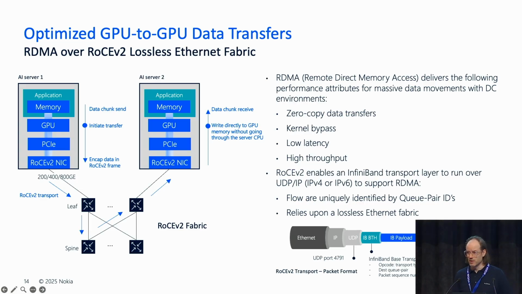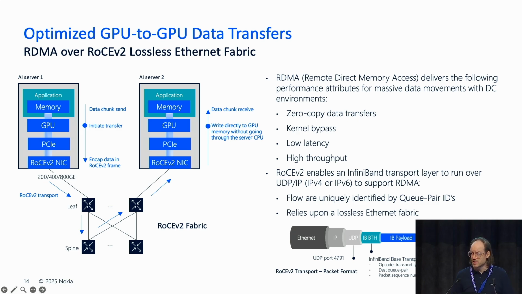In the example I've shown on the left-hand side, an AI training application can write directly into the GPU memory. When that is ready to send to the remote side, you can immediately send it out directly from that GPU memory to a remote GPU's memory without any intermediate memory copies.